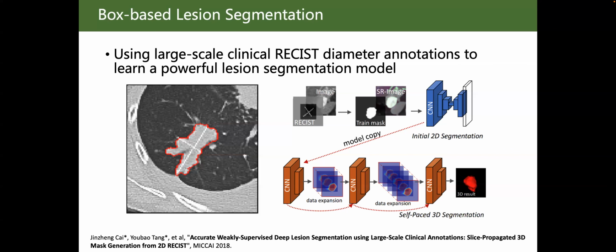After iteratively performing the above processing until the model converges, we get the final lesion segmentation models. We can then run the final models on all lesion slices and stack their 2D segmentation results to get the final 3D lesion segmentation results.